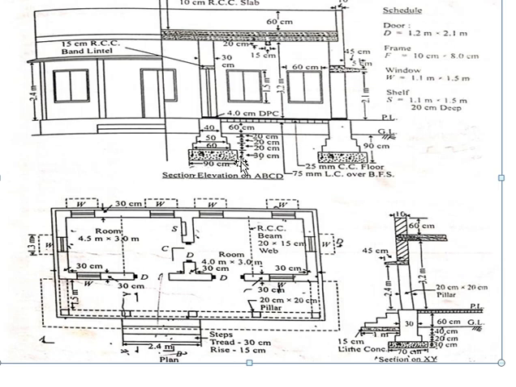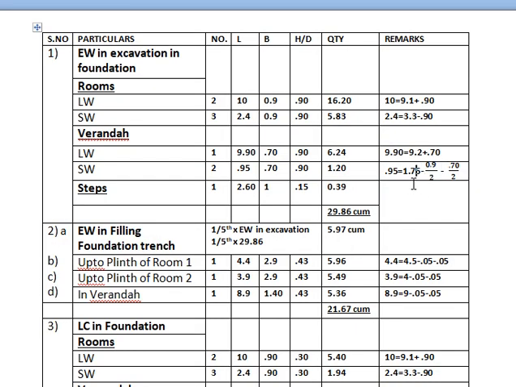On this side the width is 0.90, and on the veranda side the width is 0.7 meter. So we have to subtract half of the 0.9 meter and half of the 0.7 meter, because we have to remember that on this side we have one section and on the other side a different section. That is why I'm writing here 1.75 minus 0.9 by 2 minus 0.7 by 2.